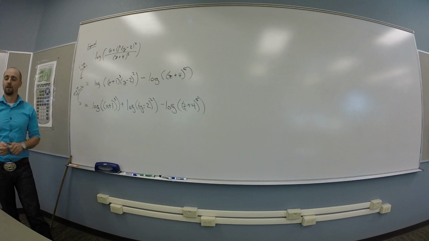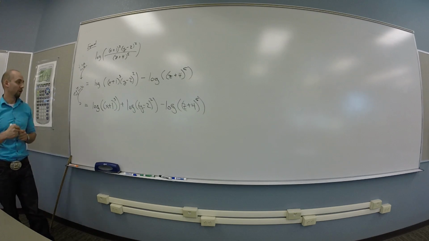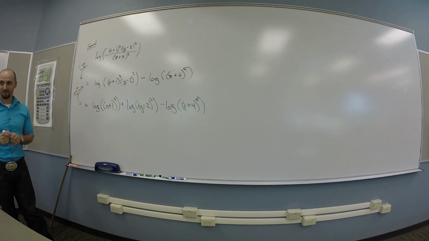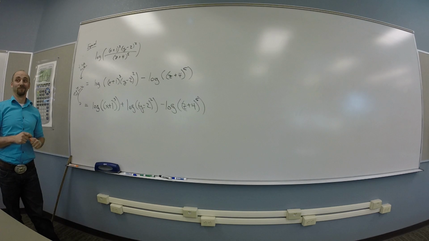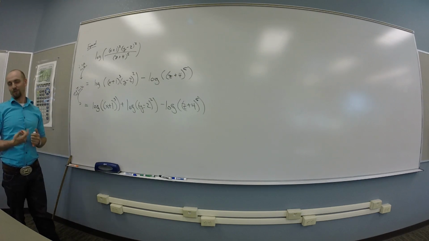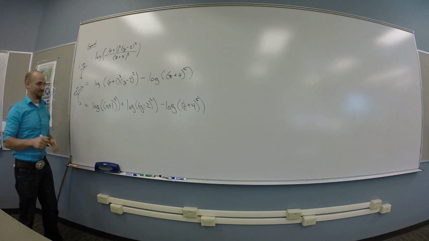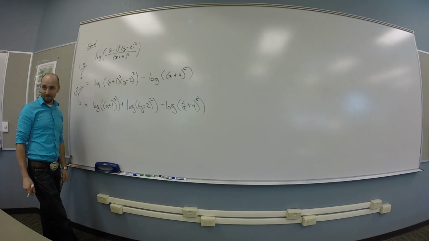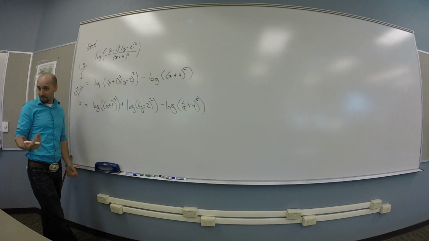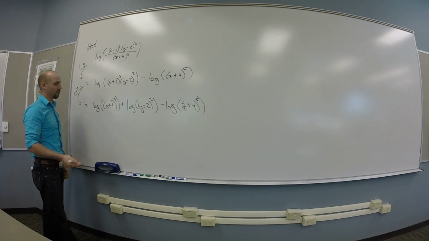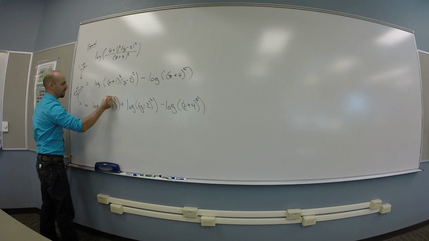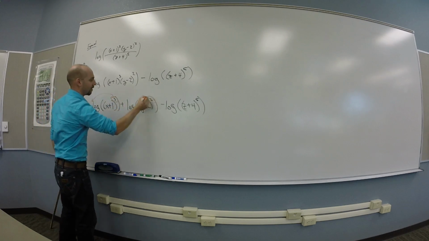Put the powers in front of the log. Okay, so what rule are you using? I don't know the name of it, but it's the log rule about powers, right? Just powers, okay. I mean, that's how I would describe it. I would say it's a log rule and it's the one about exponents of powers. Okay, so that's these guys drop down front, right?